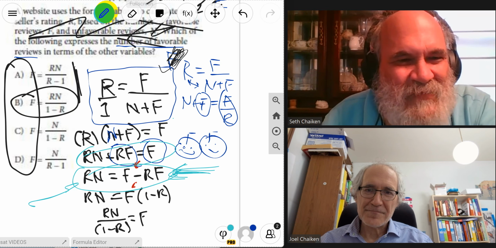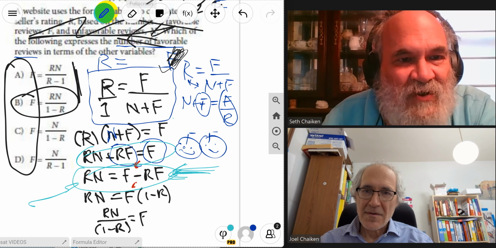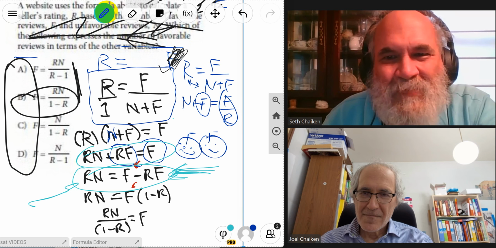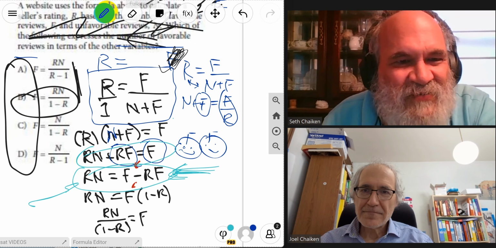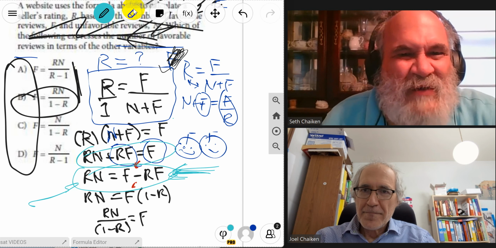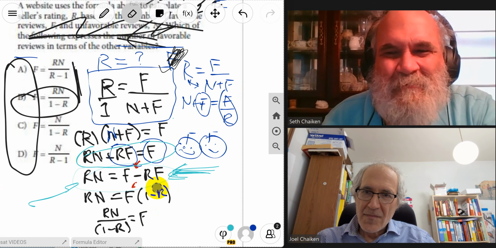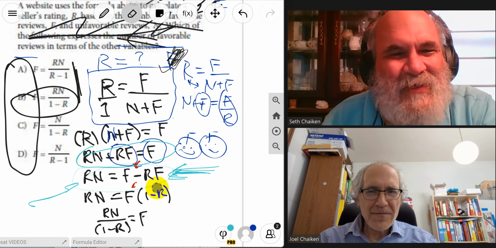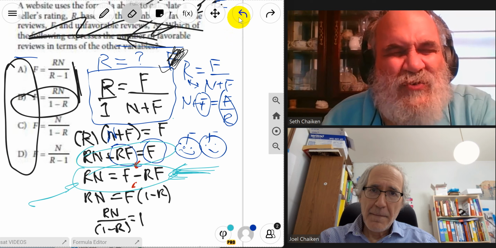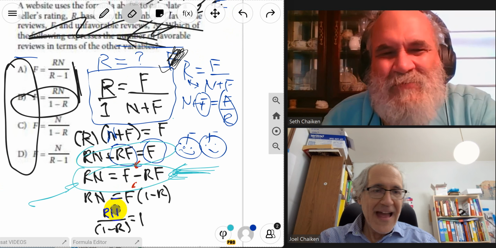And the problem is to find an explicit expression for R. Whatever the expression is, it has to be true for all values of F, and so it has to be true for any particular chosen value of F. Absolutely correct.